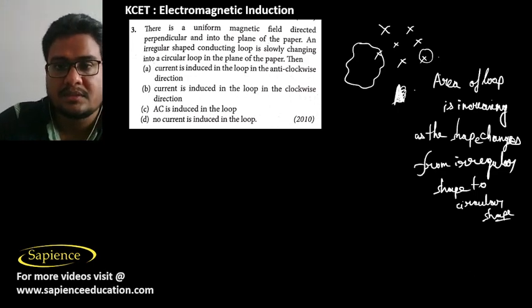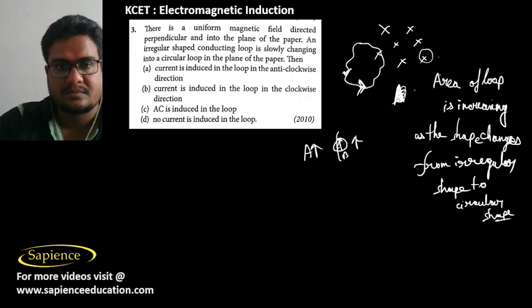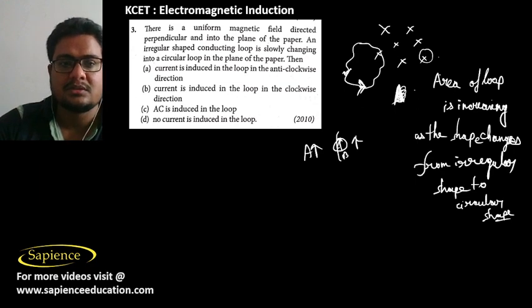It means the magnetic flux through the loop is increasing inwards. So the induced current should flow anti-clockwise so that the magnetic field due to the induced current is outwards. So current is induced in the loop in the anti-clockwise direction. Option A is the correct answer.